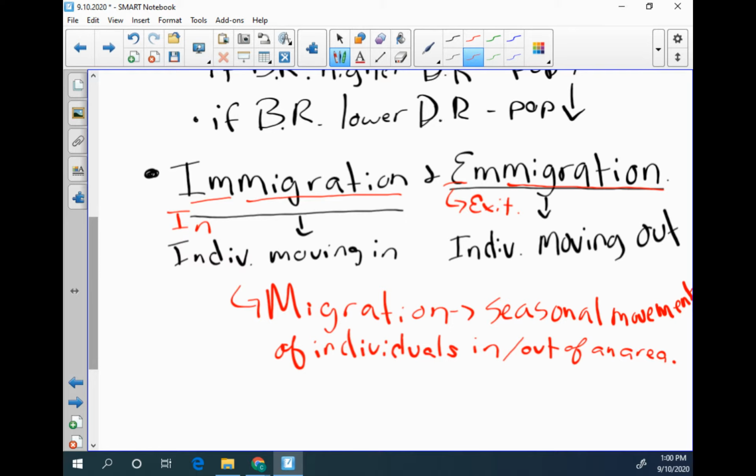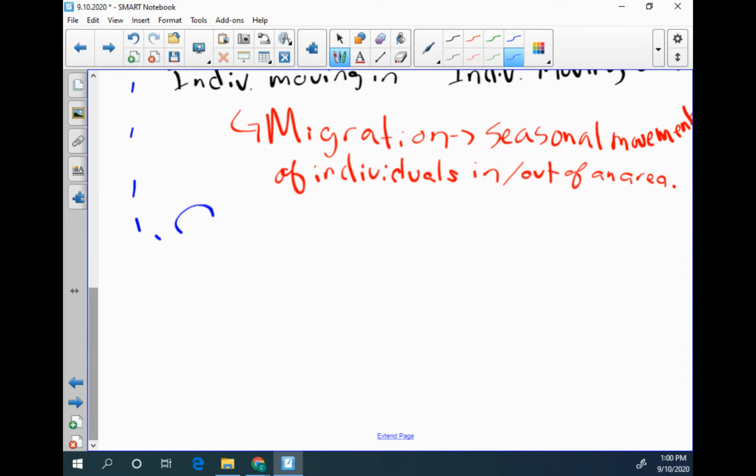When we talk about birth rates and death rates, if we go back up and connect this a little bit, we have to talk about something called survivorship curves. Essentially, individuals of different ages have different probabilities of dying, and that can be modeled with a survivorship curve.